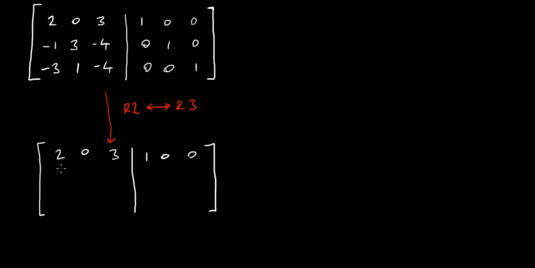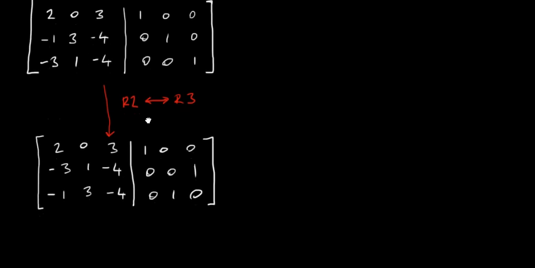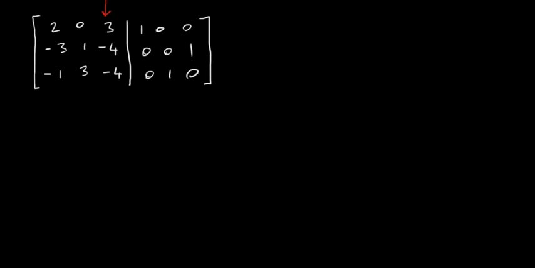I'm doing nothing with that one. So I'm putting row 3 here, so it's -3 1 -4, and then I'll end up with 0 0 1 here, and then row 2 will be here, so that's -1 3 -4 and 0 1 0. So that's the first step. I have a 1 here along this diagonal already, so that's fine. Okay, so let's do the next step then.